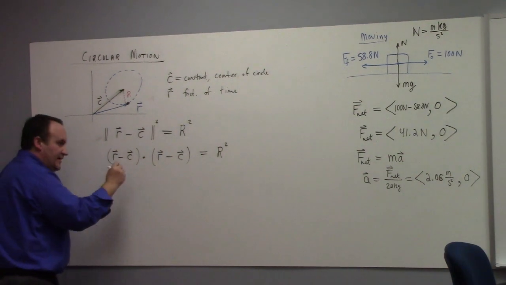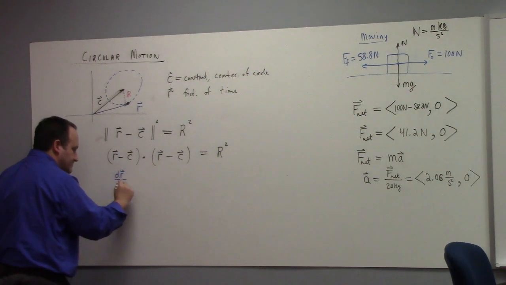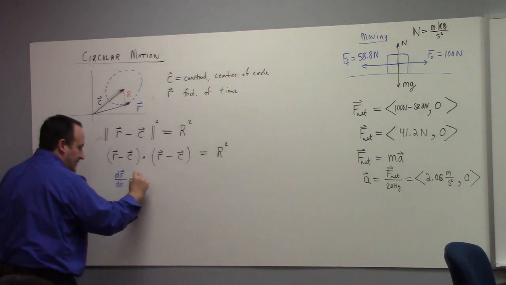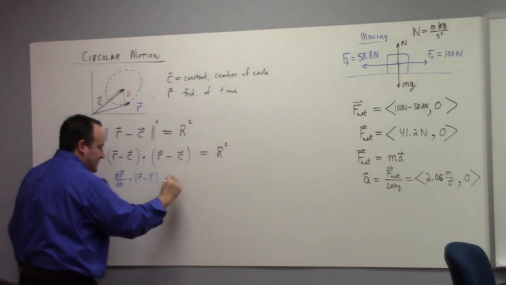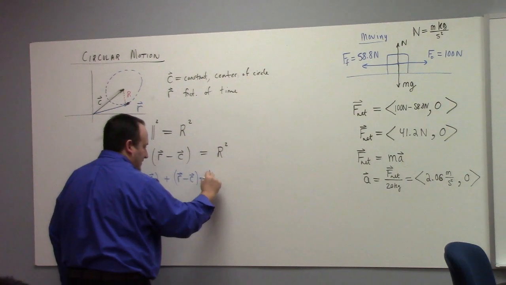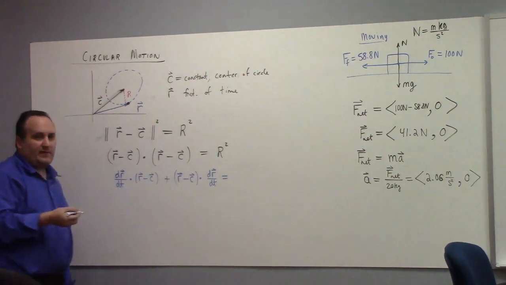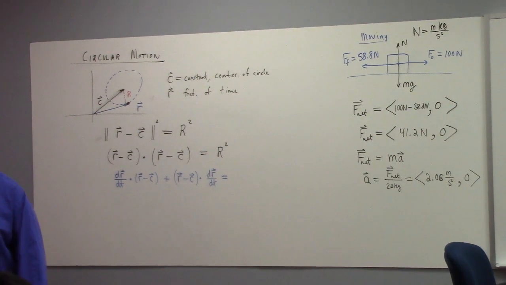If I differentiate this, I get dr/dt dotted with R minus C plus R minus C dotted with dr/dt, because there is a product rule for the dot product. And what's the derivative of R squared with respect to time? R is the radius of the circle, it's a constant.